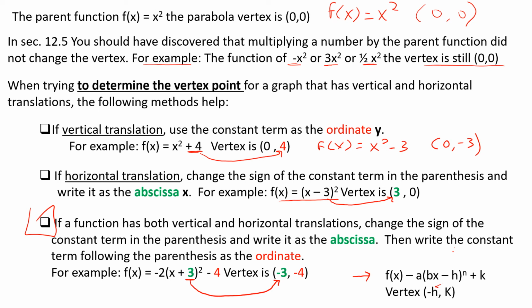Same thing for that. Look here. If this is x squared minus 3 that we're looking at right here, all right, then we know that this is going to be the ordinate. But there isn't any number inside the parentheses, so we're assuming that it's 0. So this last rule actually applied to all of these above. It's just that when there wasn't anything written, it was 0. All right?